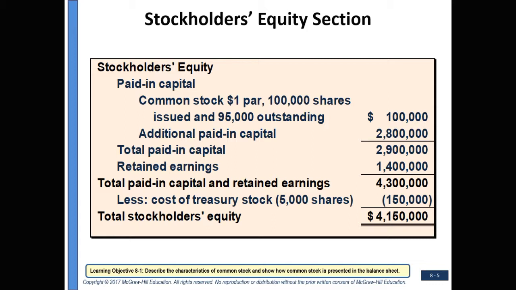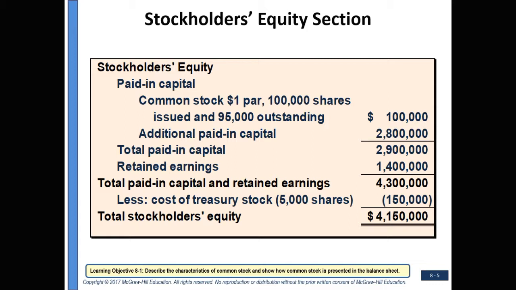Additional paid-in capital is listed at $2.8 million, resulting in $2.9 million in total paid-in capital. This organization, through this point in time, has not distributed $1.4 million in earnings, but has retained them and is reporting that in the retained earnings line.